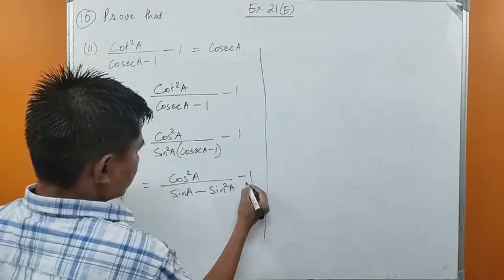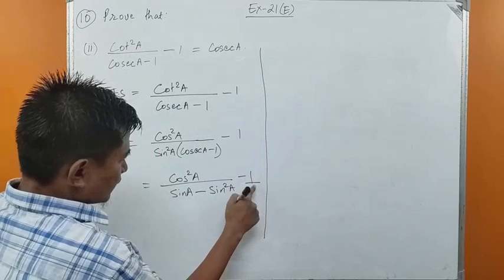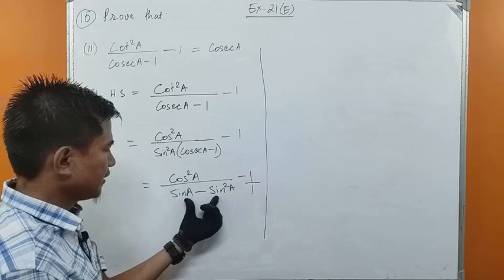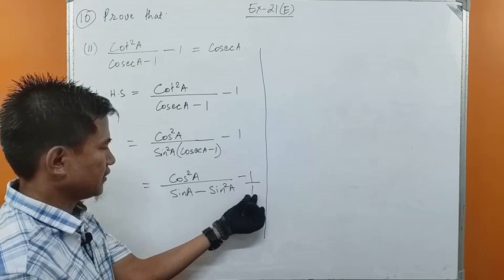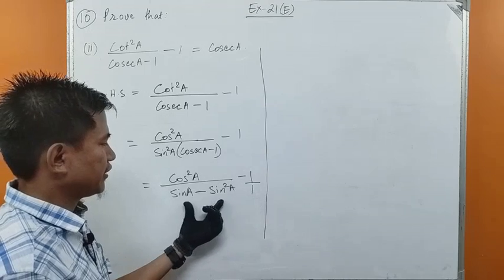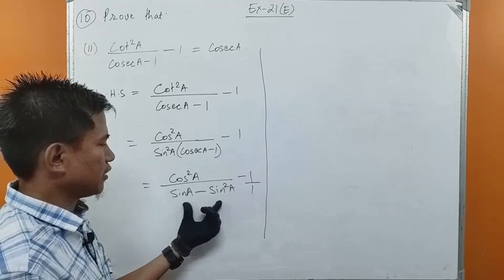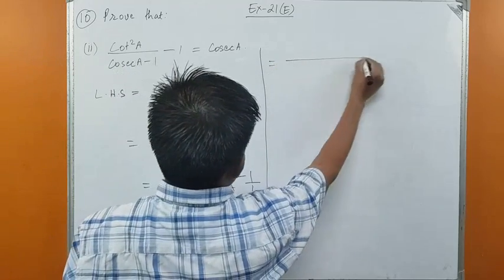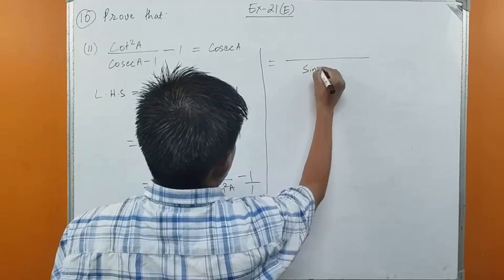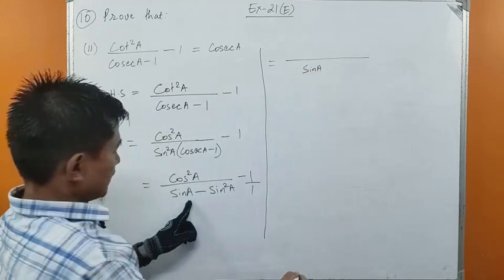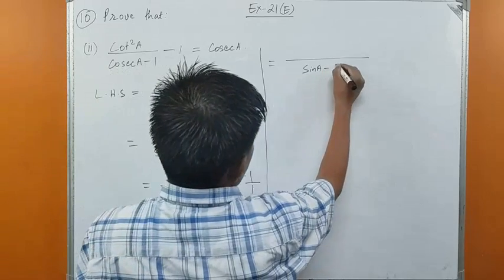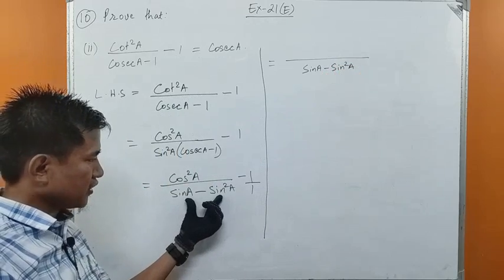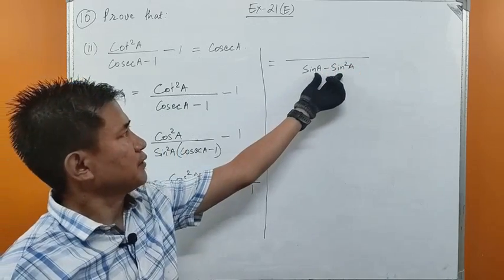So now let us take the LCM of the denominators, sin A minus sin square A into 1, isn't it? When we take the LCM, we must multiply these two numbers. So the LCM will be sin A minus sin square A. Sin A minus sin square A into 1 is sin A minus sin square A.